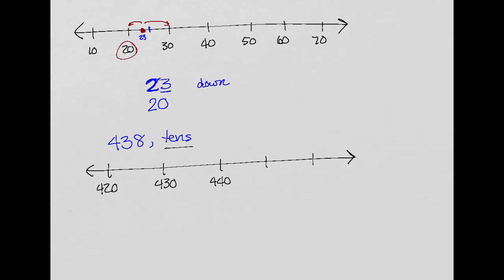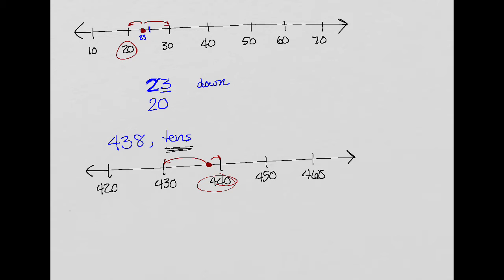We're only counting by tens. So these are the only numbers that you could have as a possible answer. We're going to round to the nearest 10. So 438 is somewhere in this section, between 430 and 440. And it's going to be over here someplace closer to the 440. So it's obviously closer to this than it is to that. So our answer should be 440.